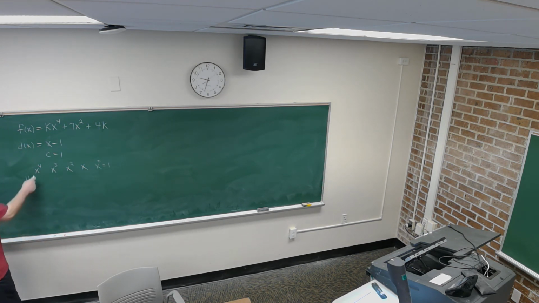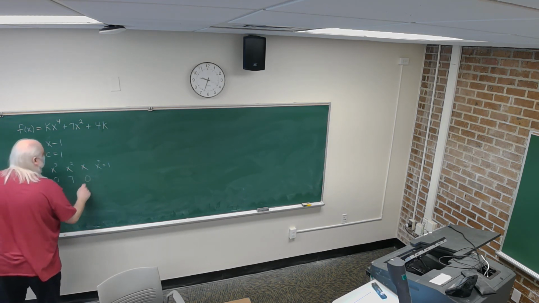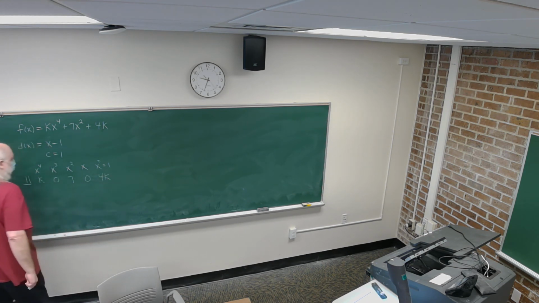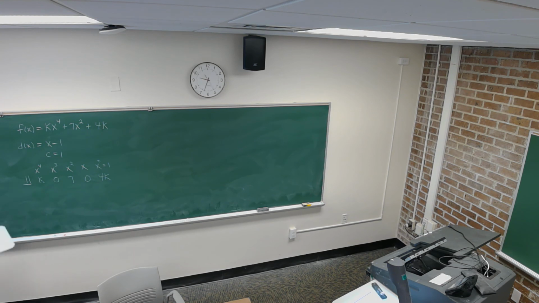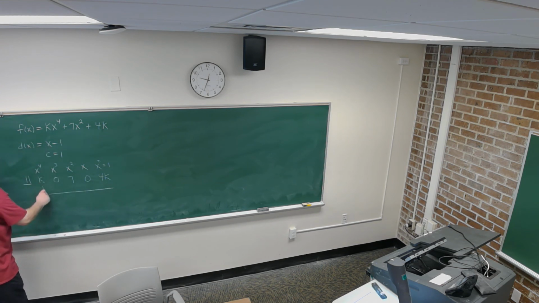The coefficient for x to the 4th is k. It's 0 for x cubed, 7 for x squared, 0 for x, and 4k for the constant term. And now you perform synthetic division. Bring down the k and so forth.